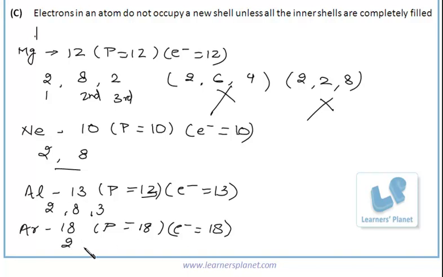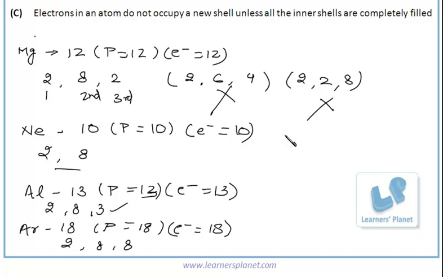What will be the configuration? 2, 8 and 8. So argon and neon have 8 electrons in their outermost shell, whereas magnesium and aluminium do not have 8 electrons. So argon and neon are stable, whereas magnesium and aluminium are unstable, right?